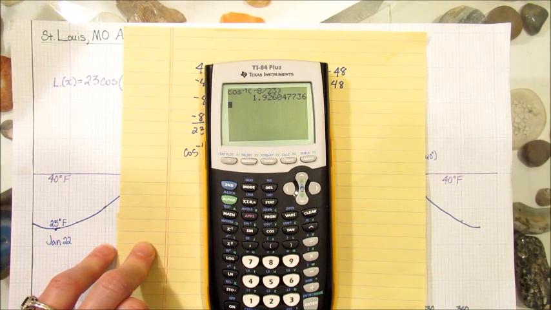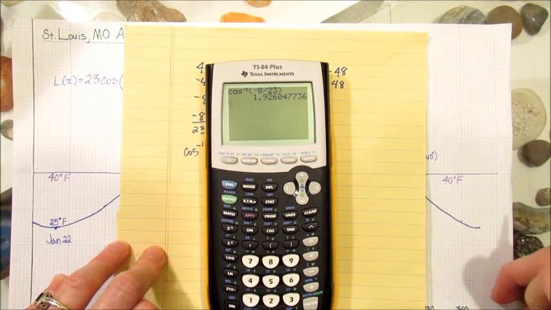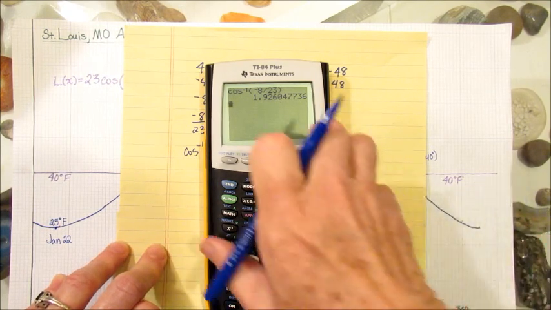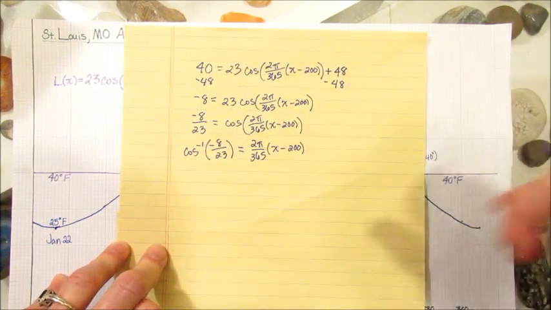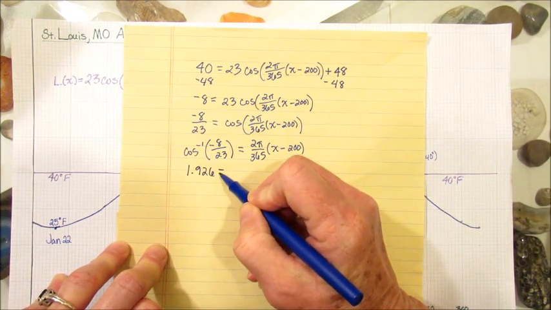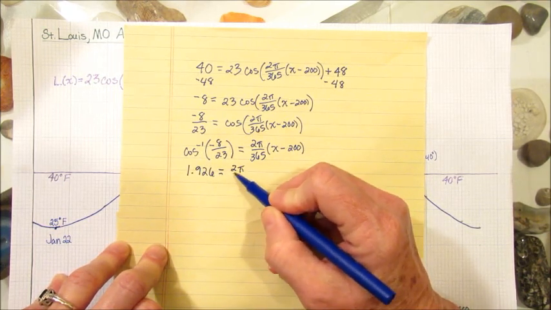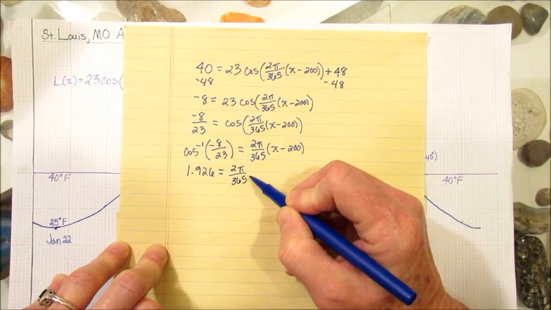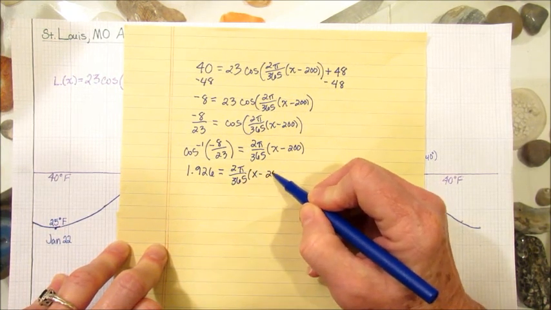So the value of arc cosine or inverse cosine of negative 8 over 23 is 1.926. And so I will copy that down. So this is 1.926, and that equals 2 pi over 365 times x minus 200.